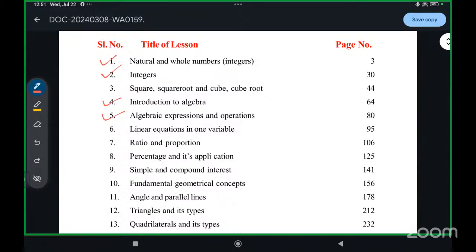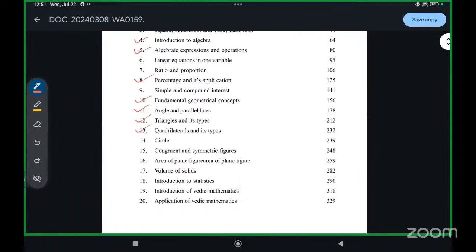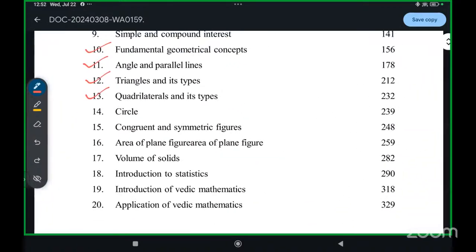Then we did the eighth chapter, Percentage and its application. Then 10, 11, 12, and 13 we did: fundamental geometrical concepts, angles and parallel lines, triangles and its types, and quadrilaterals and its types. Now, did we do circle also or is circle pending?